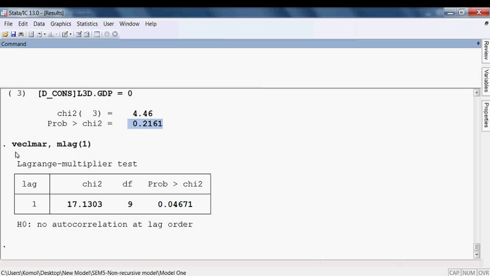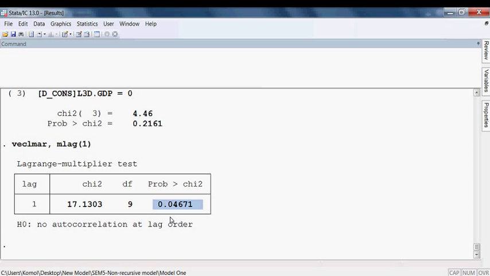Okay, so here I put 1, not 2, it is the lag 1. And the null hypothesis is that there is no autocorrelation at lag order 1.